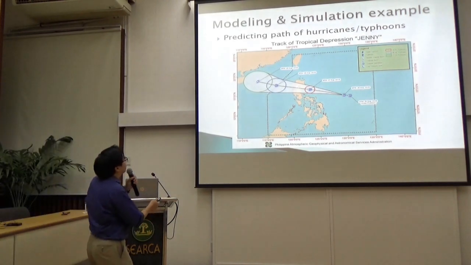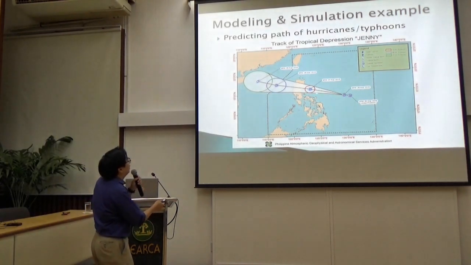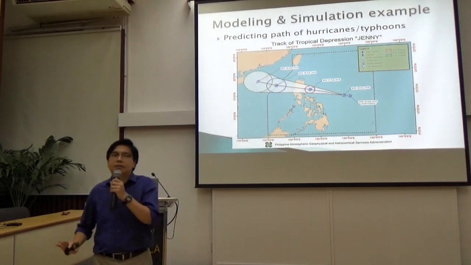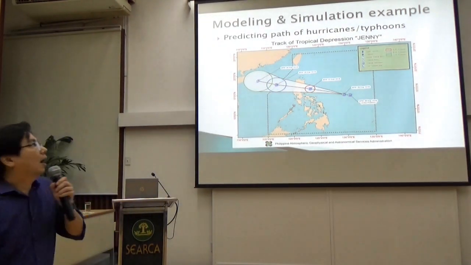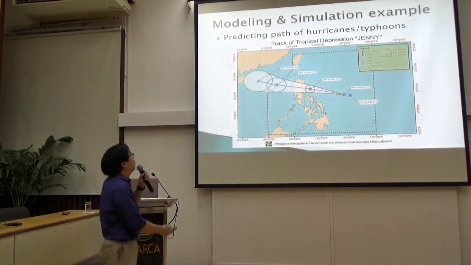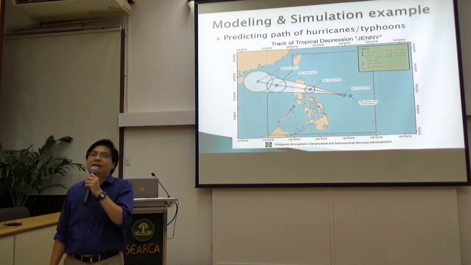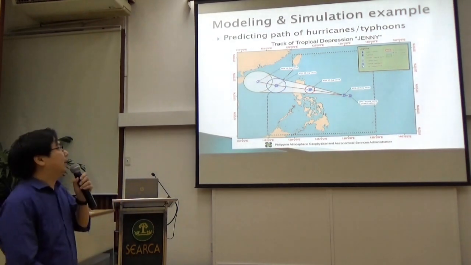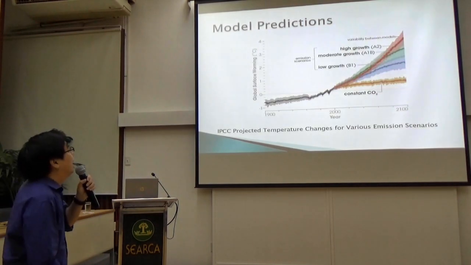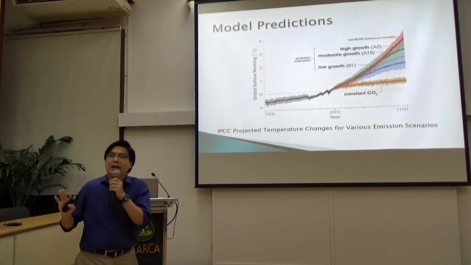And you can see there's uncertainty. This one, they call this the cone of uncertainty. That happens because the model has some assumptions. There's weather, and the other one is the climate. That's why your generation will really feel this.